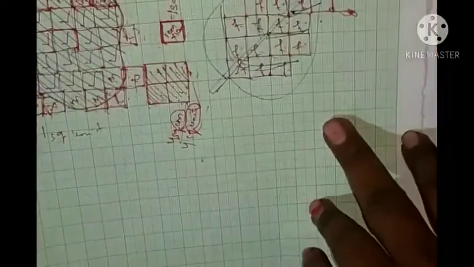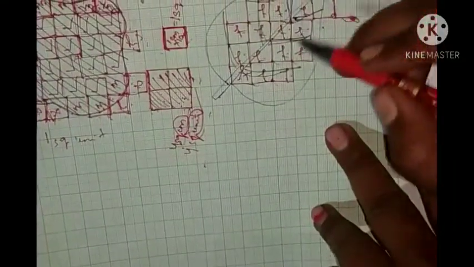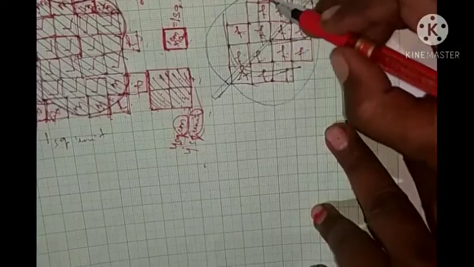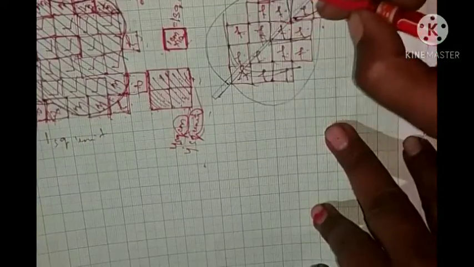Next, half filled squares. Let's see half filled squares.